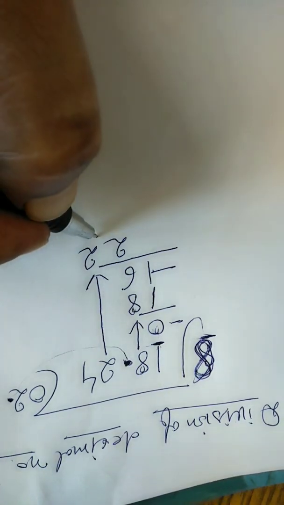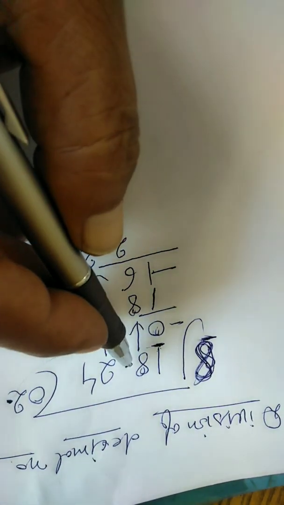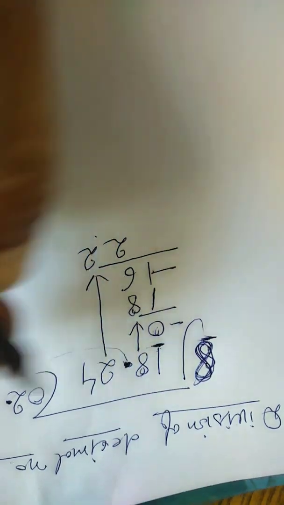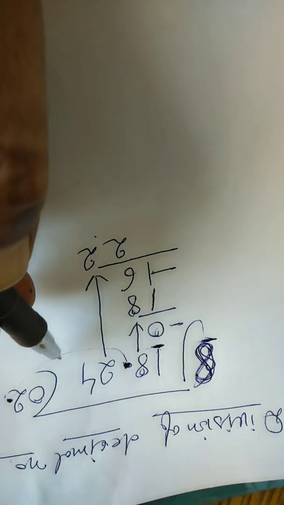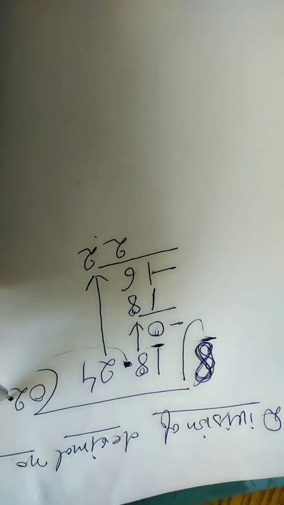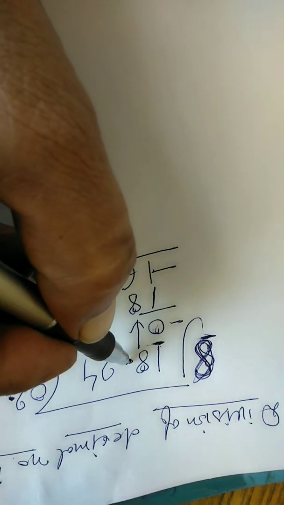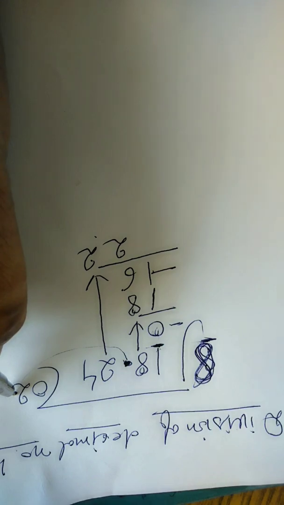Now we have 22. You have no need to bring down the decimal, you will write the decimal here in the quotient. When the turn of the decimal comes, you will take it to the quotient.